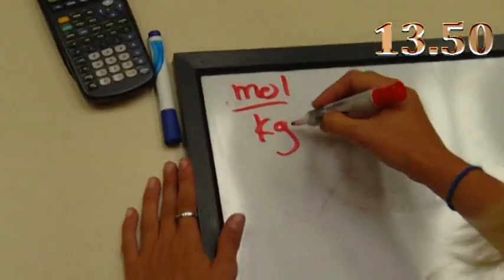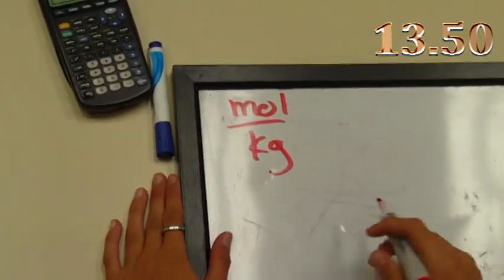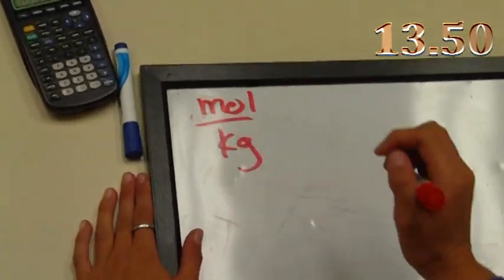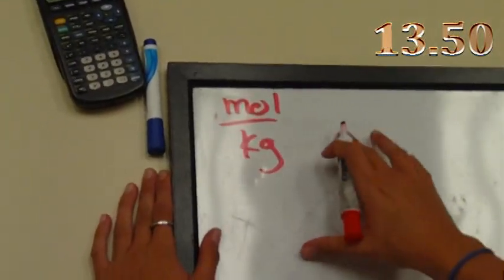So we're going to focus on the molality first. Molality is moles of solute per kilograms of solvent. It gave us our solute in grams, however, so we need to convert it from grams into moles.